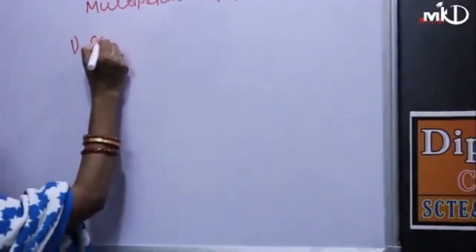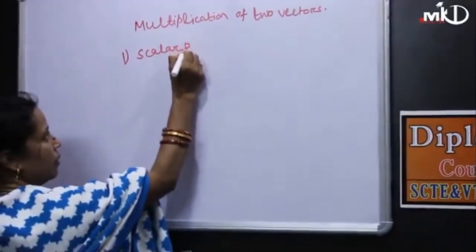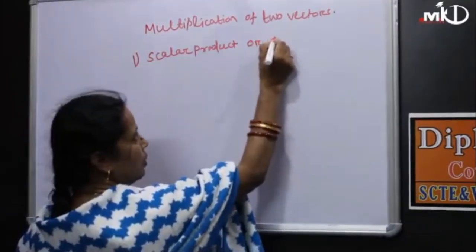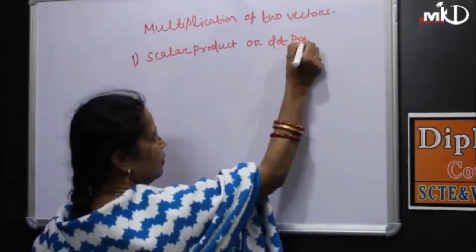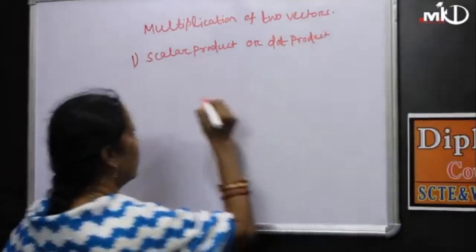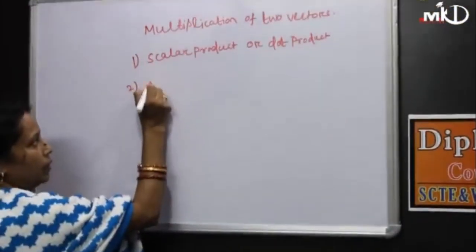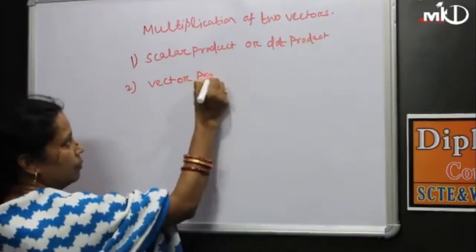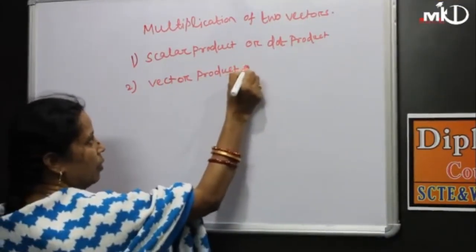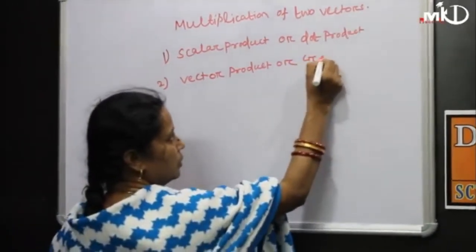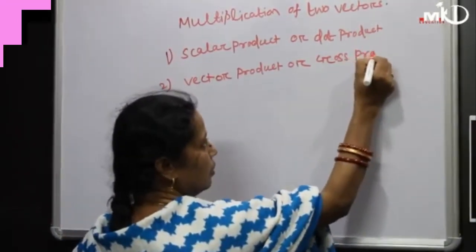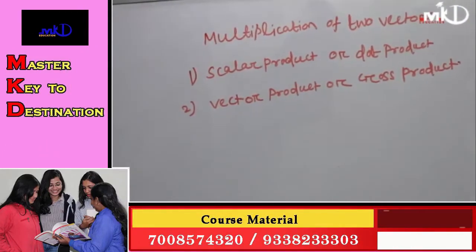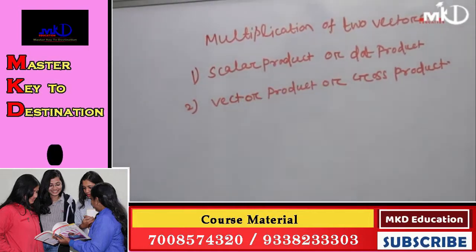One is the scalar product or dot product, and the second is the vector product or cross product. Particularly in this video we discuss the scalar product or dot product.